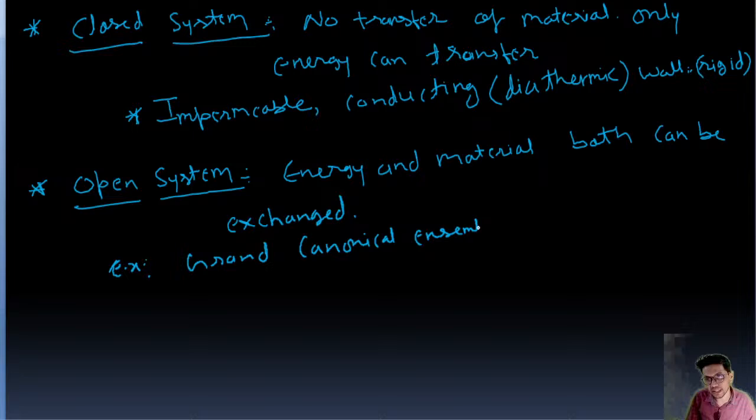We'll study ensembles as well in statistical physics. When we complete thermodynamics, we'll start statistical physics in the same series. So the grand canonical ensemble is the example. This is about the different types of system.